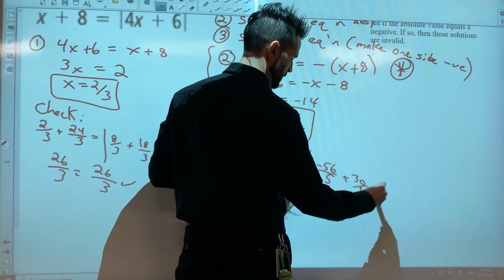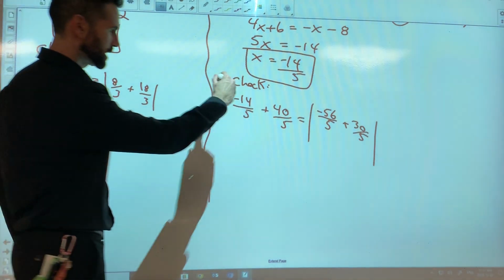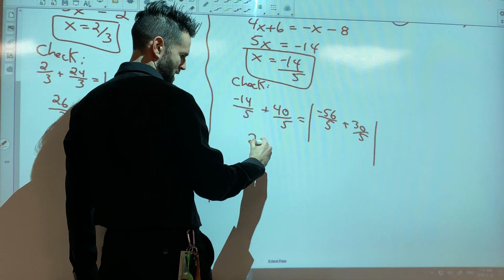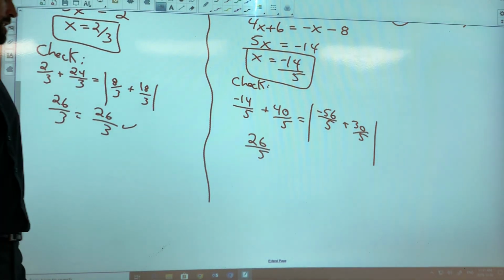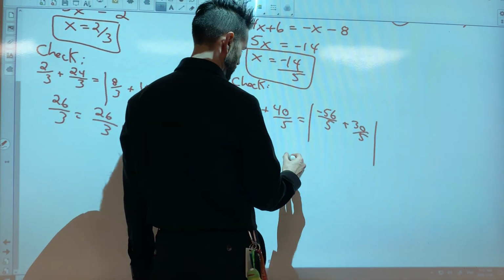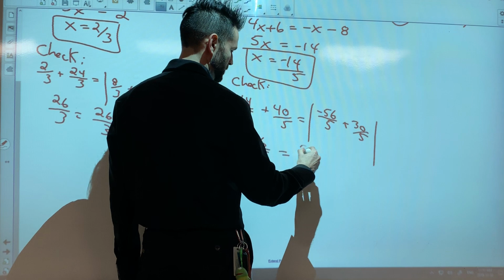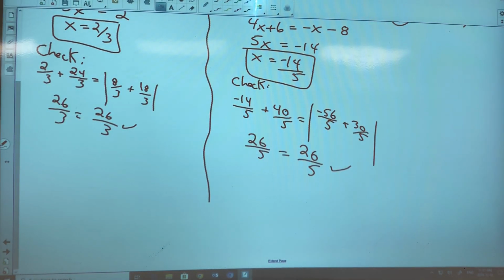All right, let's see. Sorry, I'm kind of going this way. This is going to be, what is it, 26 over 5 on the left-hand side? I think I got that. And then negative 56 plus 30 is going to be negative 26 over 5. Do the absolute value. It works. So both answers work.